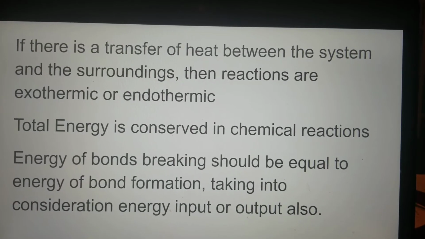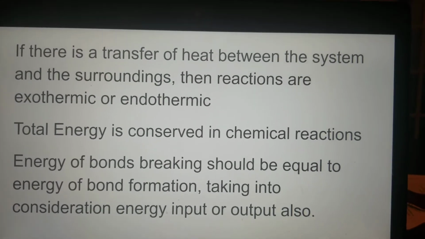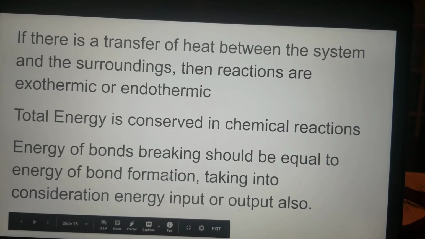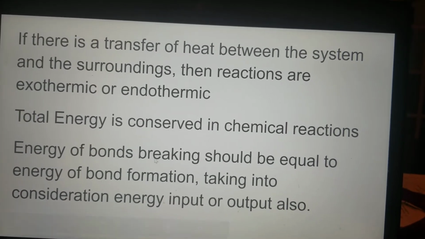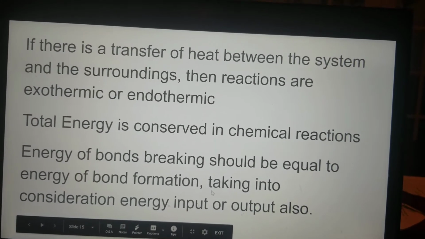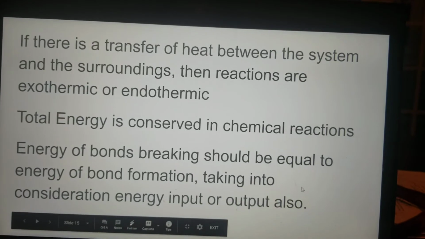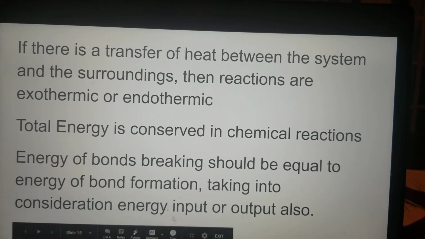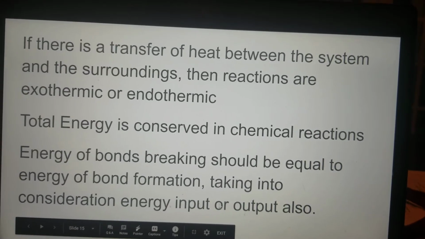When they form new products, then what happens? Then the bonds form. So that's the energy of the bond formation here. So bonds breaking is the reactants, bonds forming is the products. And then, of course, altogether, you must also take into consideration the energy that's being input or output. In other words, endothermic or exothermic.